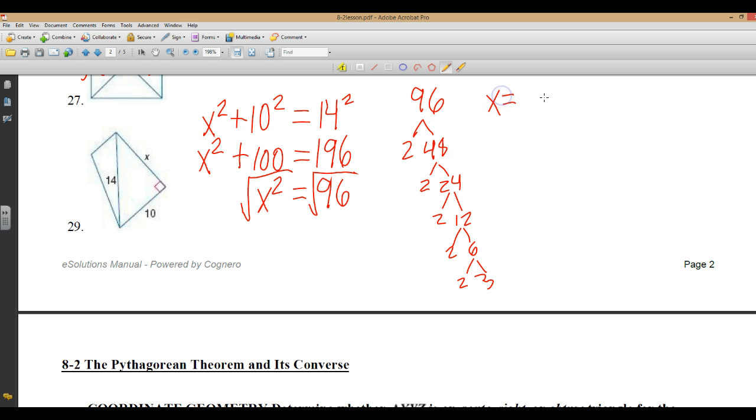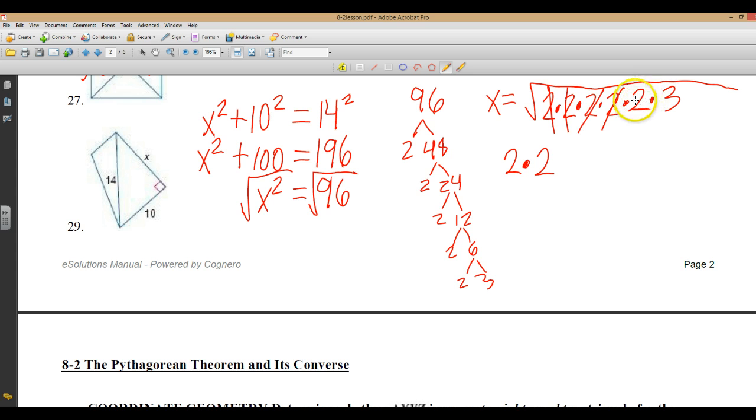So x is equal to the square root of 2 to the 5th times 3. So for every pair of the same number, you can take one of those out. So I have 2 2's here. So for this pair, I can take a 2 out of the radical. I have another pair of 2's, so I can take out another 2.